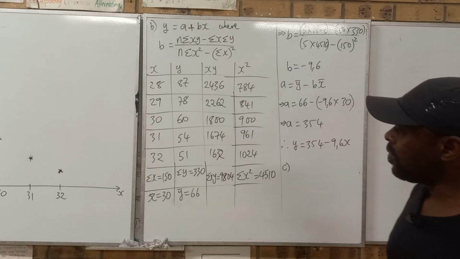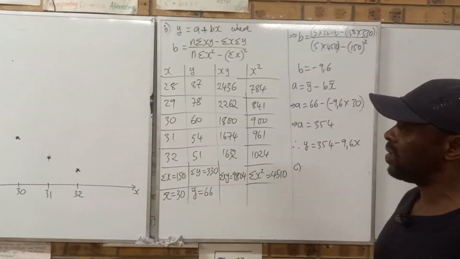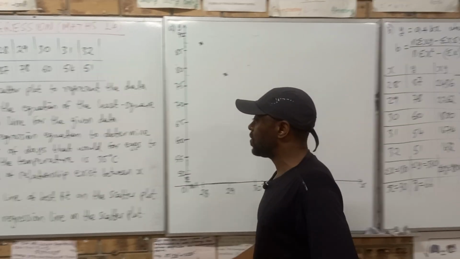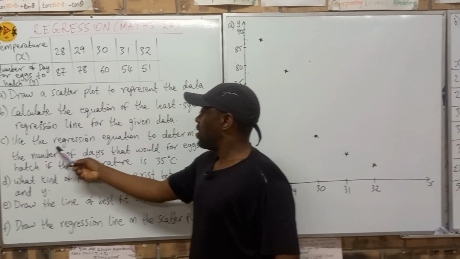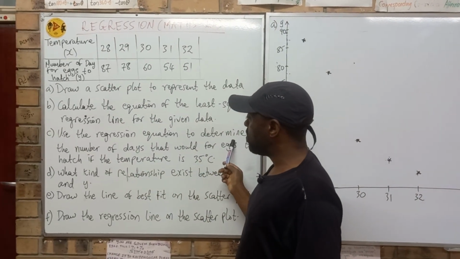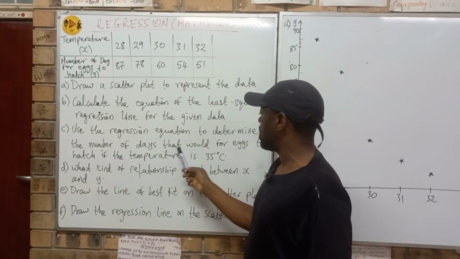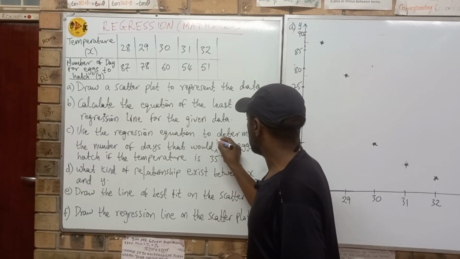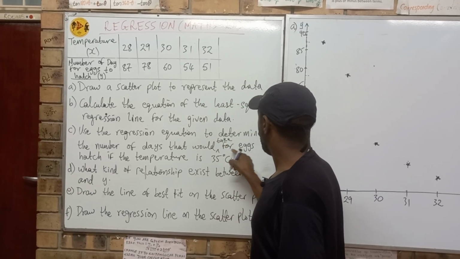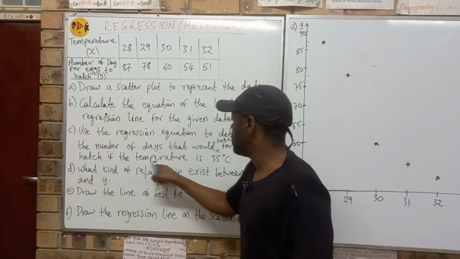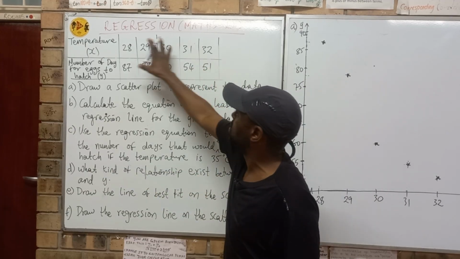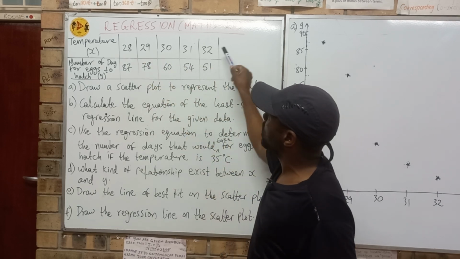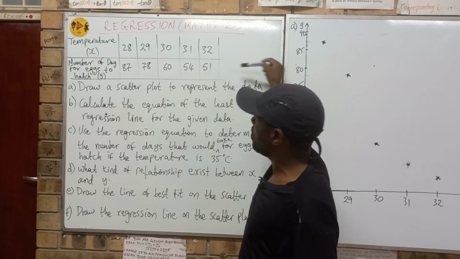So we can now go to the C part of the question, which is asking us to use the regression equation to determine the number of days that it will take for x to hatch if the temperature is 35. Remember I told you this data, we're given the temperature during which crocodiles hatch this number of eggs.